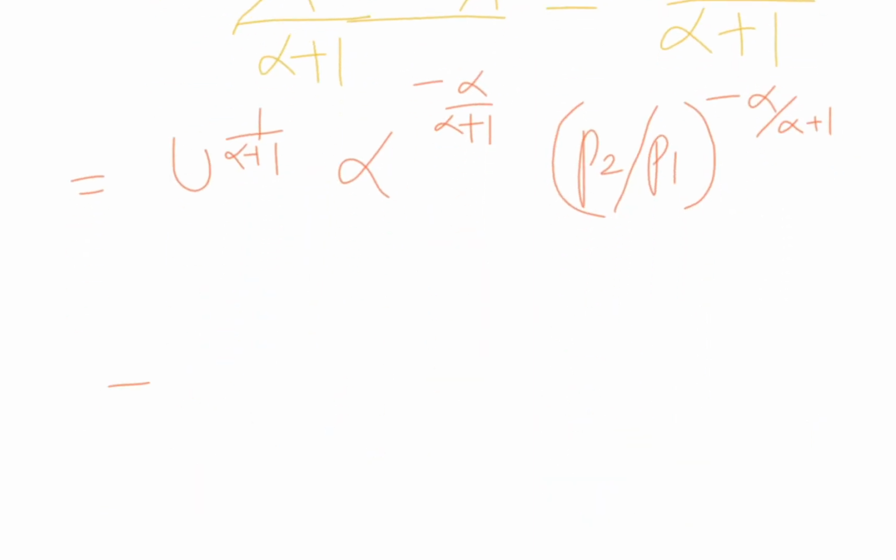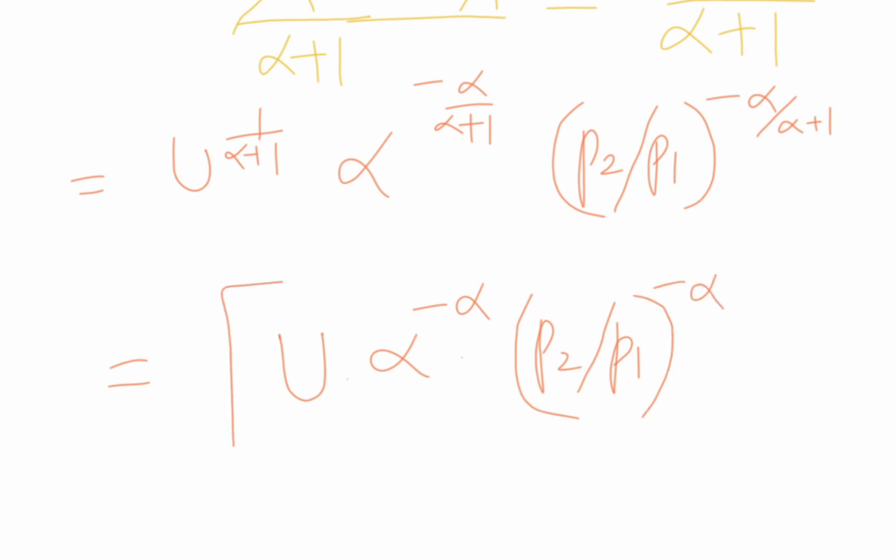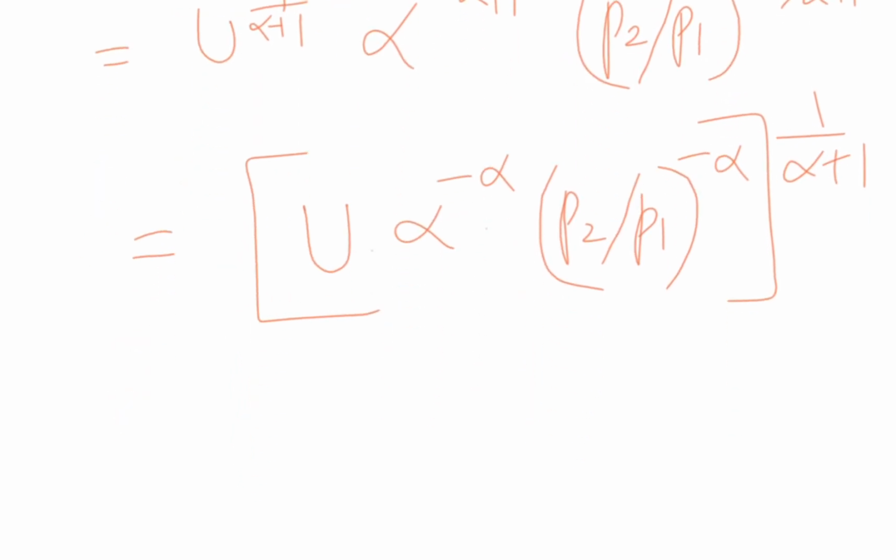We can take alpha plus 1 as the common power. We'll be left with utility U, alpha to the power minus alpha, P2 by P1, this also raised to the power minus alpha, and this entire thing raised to the power 1 upon alpha plus 1. This is your compensated demand function for the second commodity.